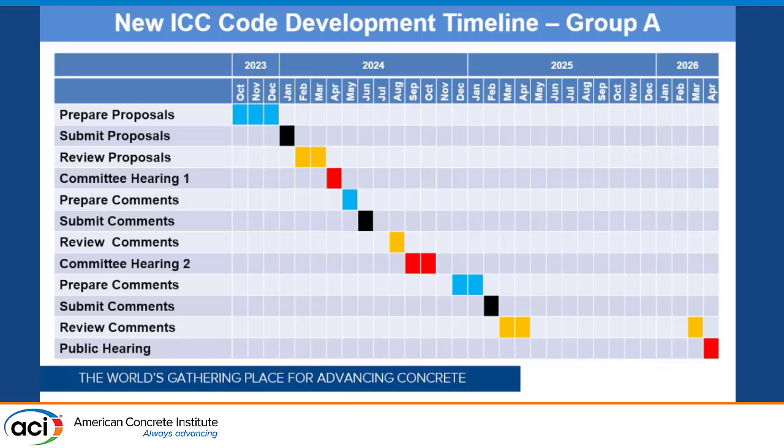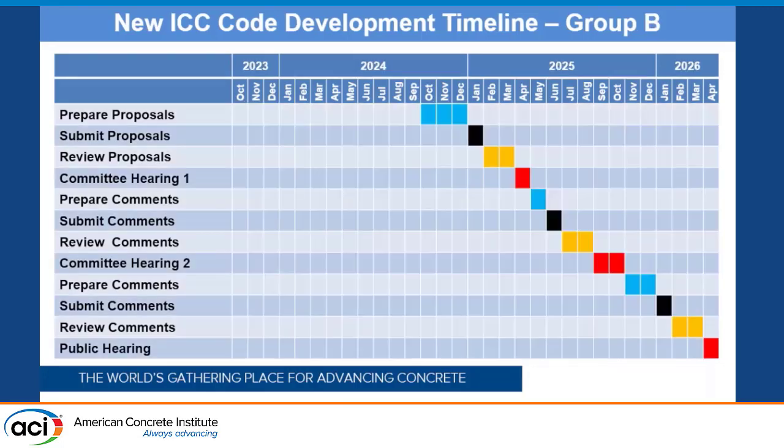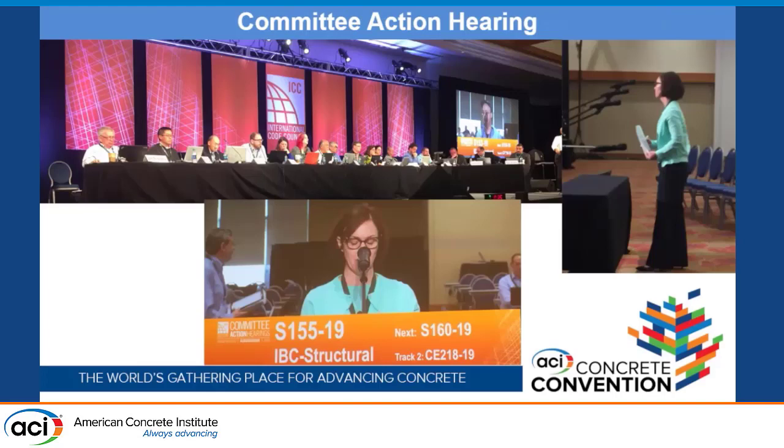We don't like it. We think it should be just left to the design professionals, which is what happened to us in multiple cycles. So as we go through this whole new code development process, there's going to be these multiple committee action hearings occurring, and then the public comments.